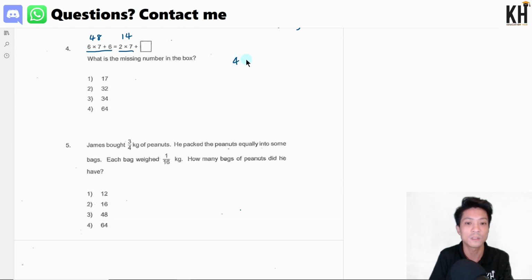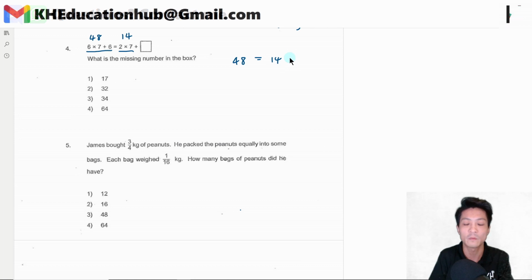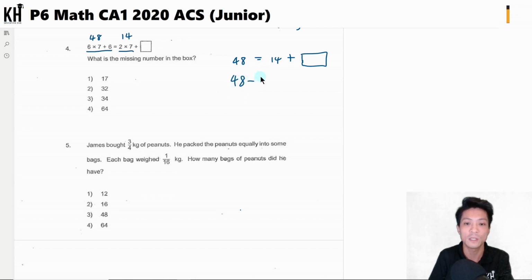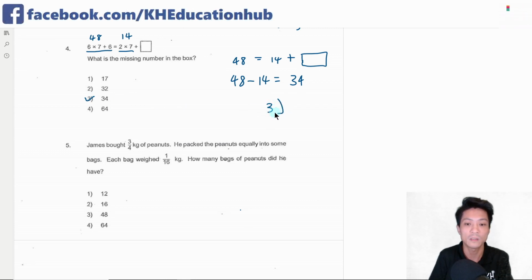And so the equation will simplify into 48 is equals to 14 plus something. To find the missing number in the box, we got to use 48 minus 14, which will give me 34. And the answer will be number 3.